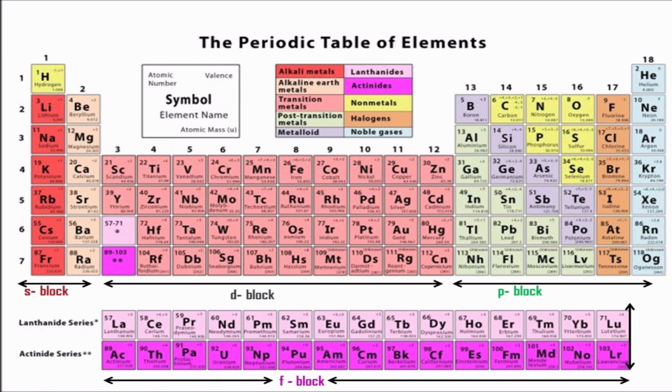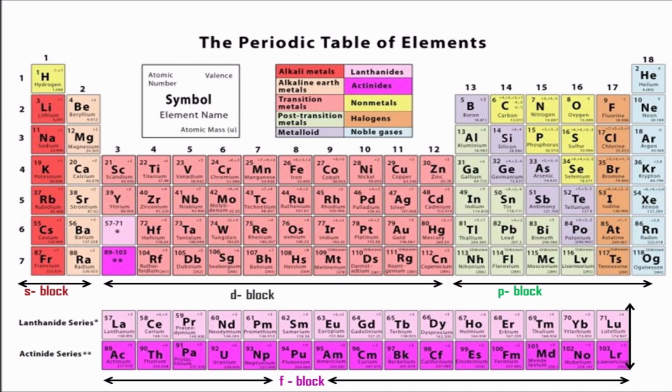Groups 13 to 18 constitute the P block. Groups 3 to 12 constitute the D block.